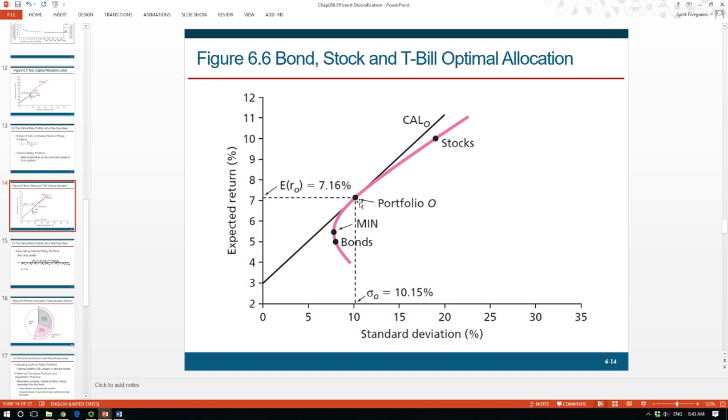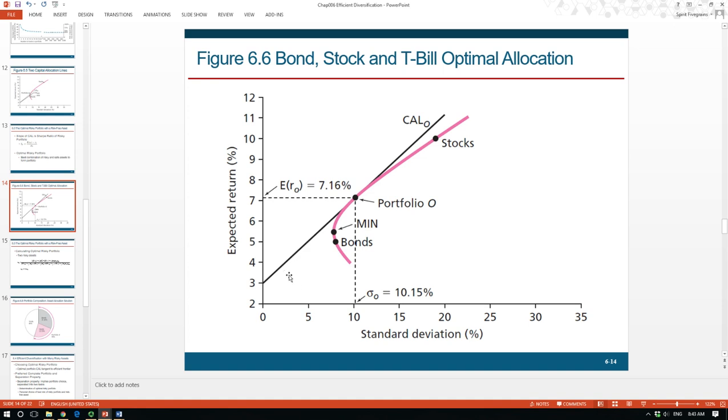At this point, you see a very unique combination between stocks and bonds, and this unique combination can achieve the best risk-return trade-off, which is measured by the Sharpe ratio. In this picture, the Sharpe ratio is simply the slope of this capital asset allocation line.